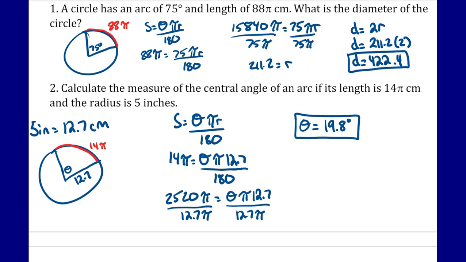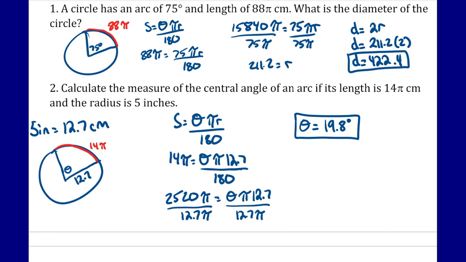So that's my radius for this arc length, or this sector. But I want to find the diameter of the circle. So I'm going to multiply the radius by 2 and get the diameter, which is 422.4 centimeters as the diameter of the circle.